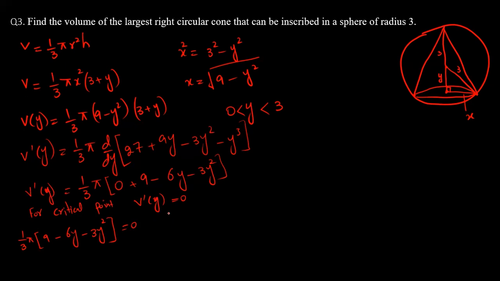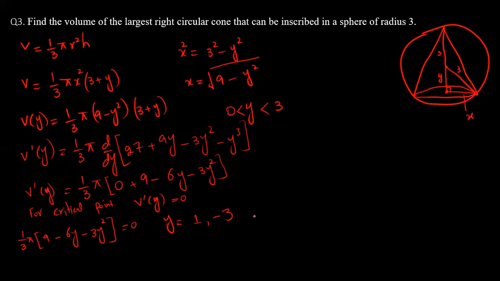This is now a quadratic equation, and we can solve it by using the quadratic formula or some other method. This will give us the values of y, which are 1 and minus 3.